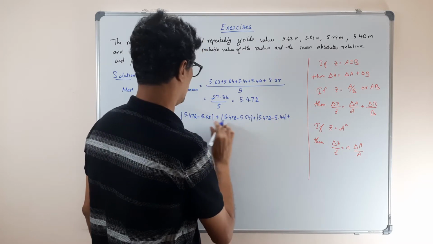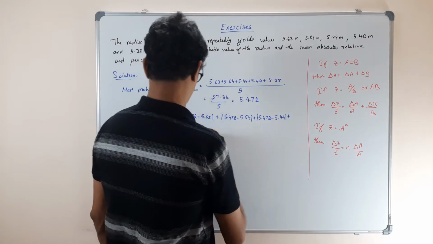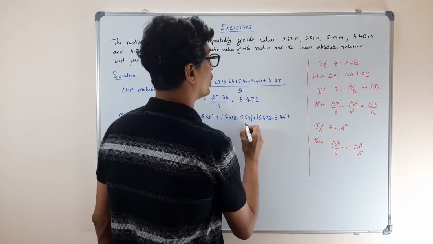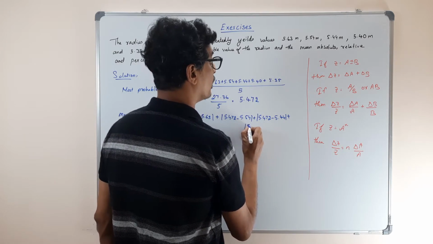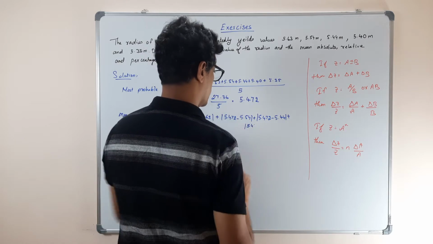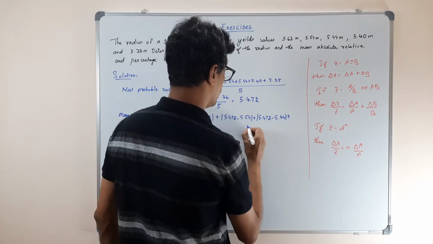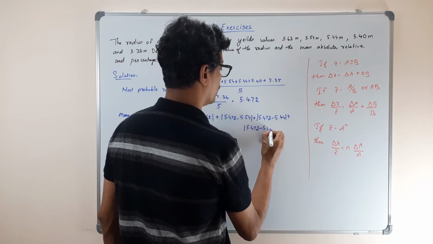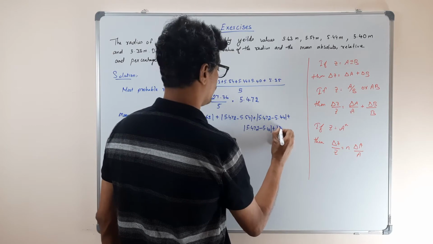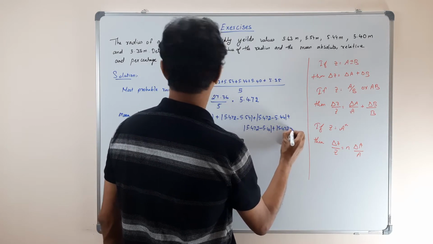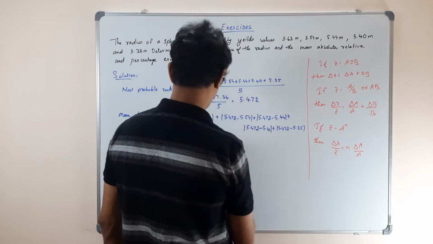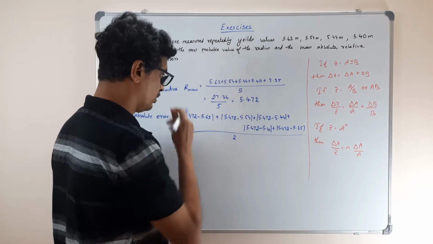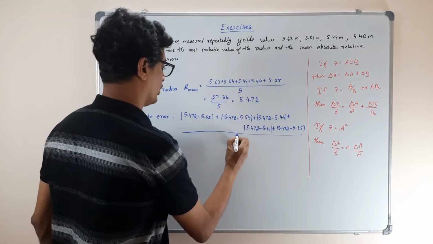plus 1, 2, 3, no space. 5.4, that you have written up to here, right? So 5.472 minus 5.4 plus the last one, 5.472 minus 5.35. The whole thing divided by 5 times, right? So what should be this value? Oh sorry, this is 5 times, correct? So what should be this value?